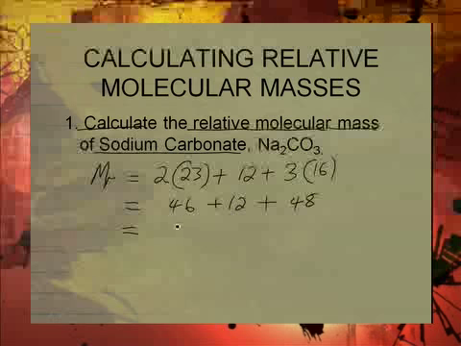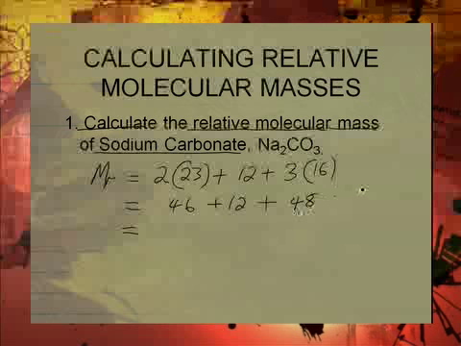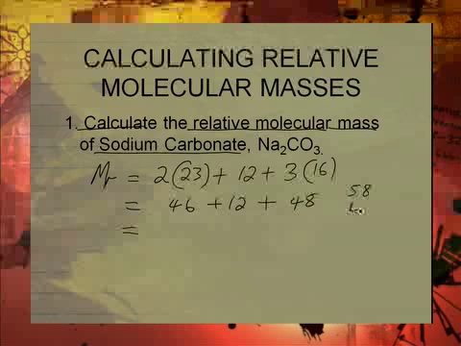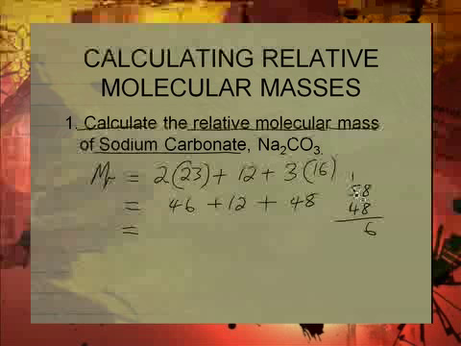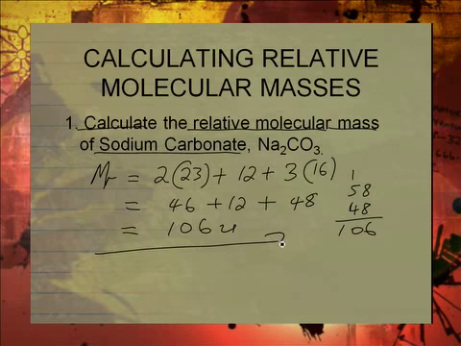You add, 46 plus 12 is 58, 58 plus 48 gives 106, so that becomes 106 units. You don't have units for relative atomic mass. You can leave it open as 106. It is allowed, or just say U mass units, and that's it.